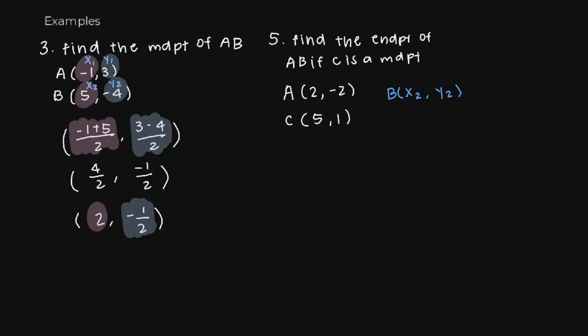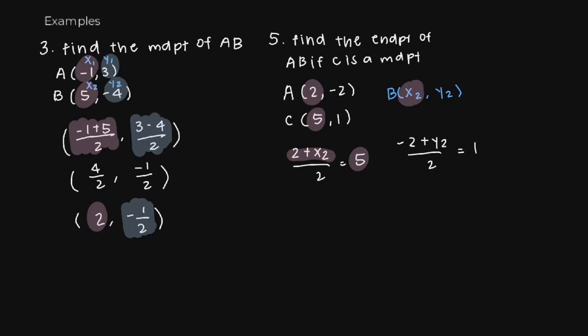To set this up, we're going to have 2 plus x2 over 2 equals 5. So that's because we're looking at x1 plus x2 over 2 equals the midpoint. Then for y, that would be negative 2 plus y2 over 2 equals 1.